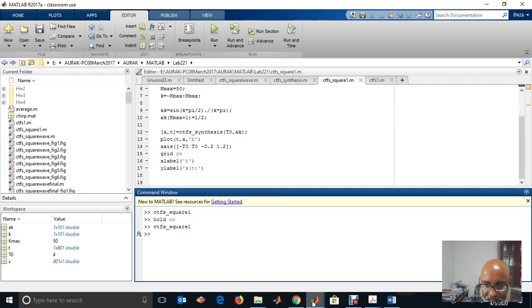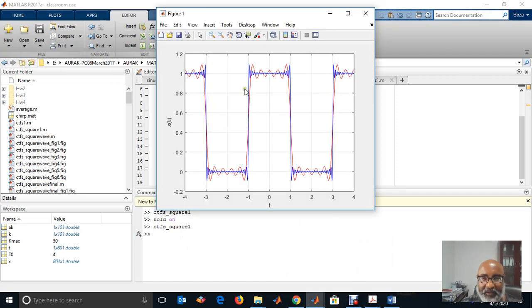Okay, let's see now how it looks. See, the blue color is K max 50. The red color is K max 10. Which one is better? Of course, it's obvious. K max 50 is more accurate, very close to the theoretical curve or graph for the square pulse.